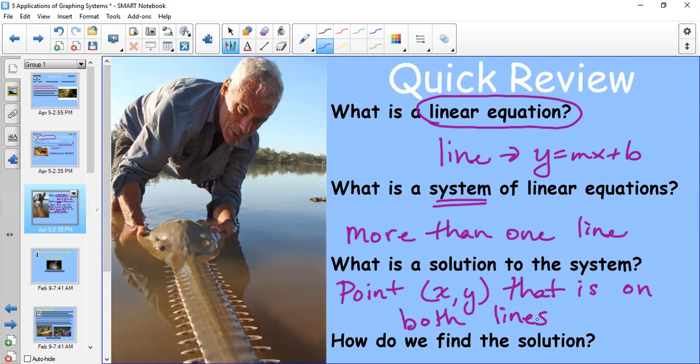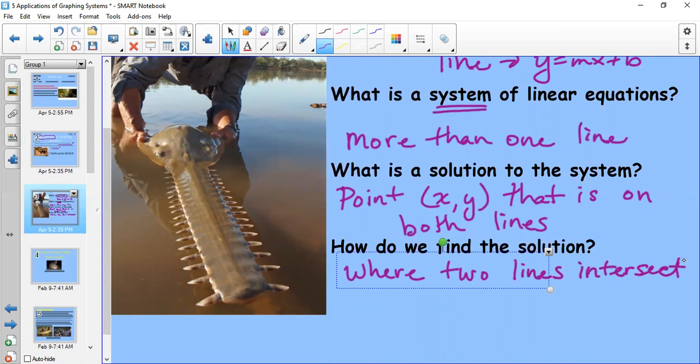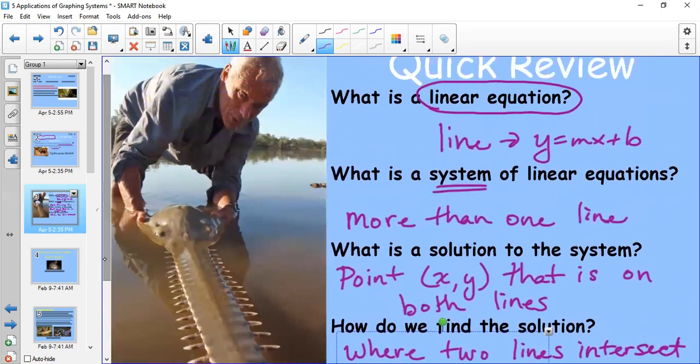How do we find that solution? We would graph both lines and find where they intersect, where two lines intersect or cross. All right, so that was our quick review of things that we have done in the past.